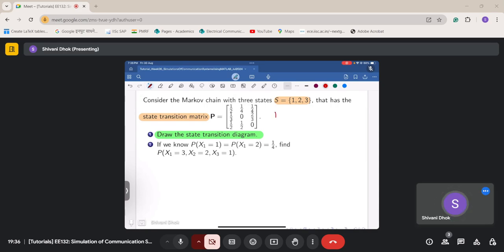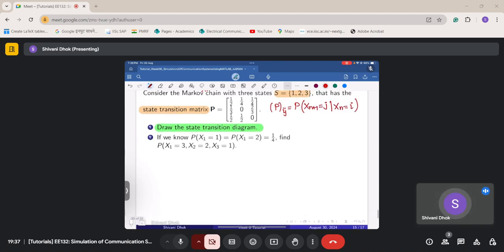So basically the ijth entry of this matrix is given by the probability that, let's say, this Markov chain xn plus 1 is at jth state given xn is at ith state. Okay, so the matrix that we are having here is something like this. So this is the direction of i, this is the direction of j.